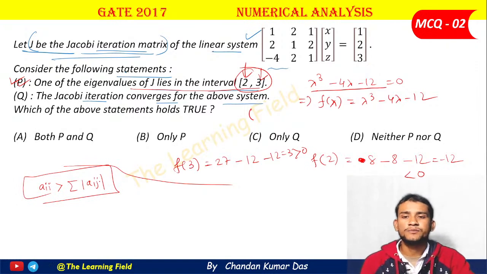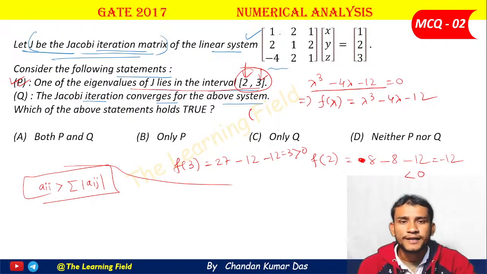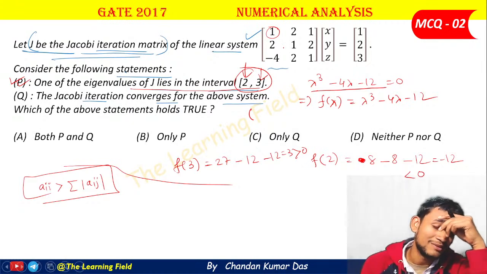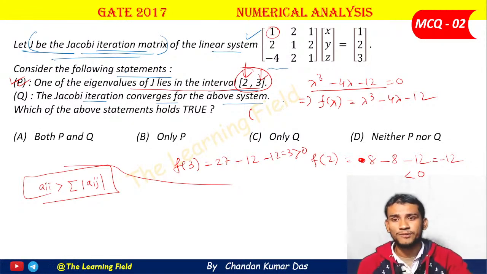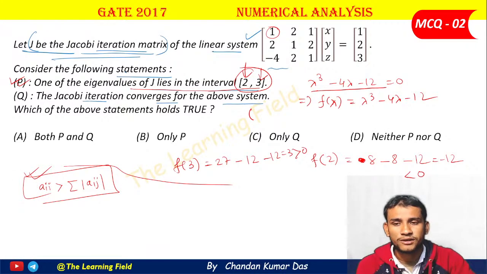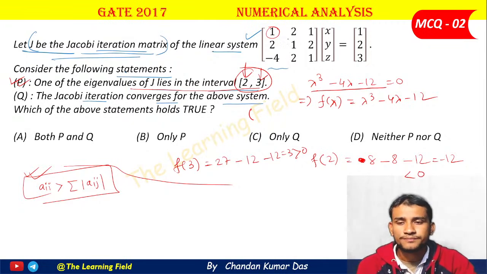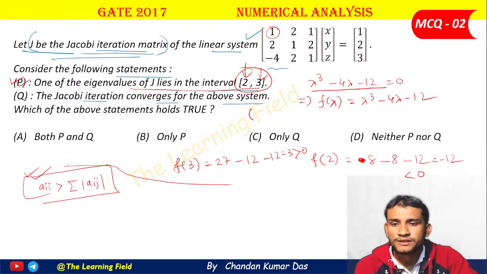So this is the condition of convergence for the Jacobi iteration method. Check whether this is satisfied, then the Jacobi iteration scheme converges.